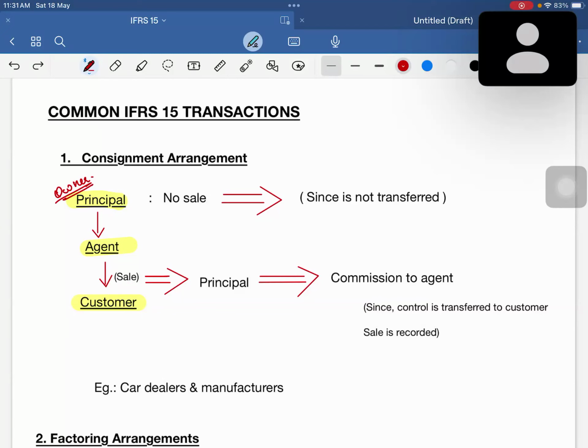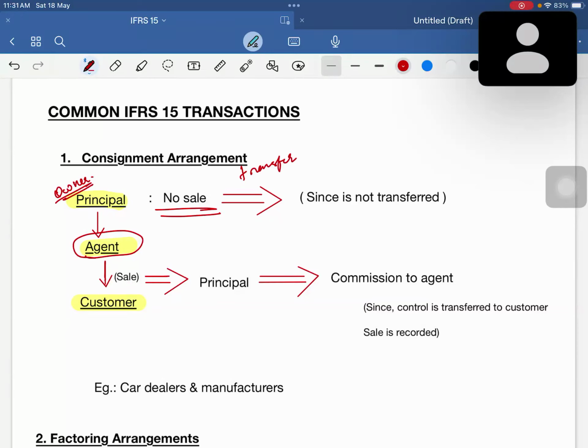So when the principal gives the agent or transfers the goods to the agent, it is not actually a sale but a transfer. It is just a transfer so that the agent can sell it to the customers. So when the agent finally sells the product, then the sale is made, and then we are going to recognize the transaction.